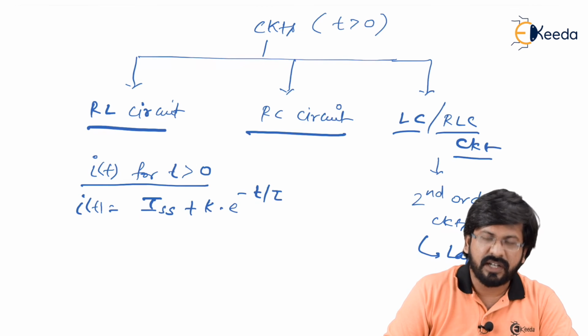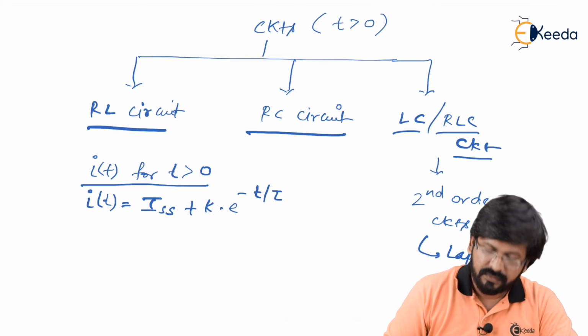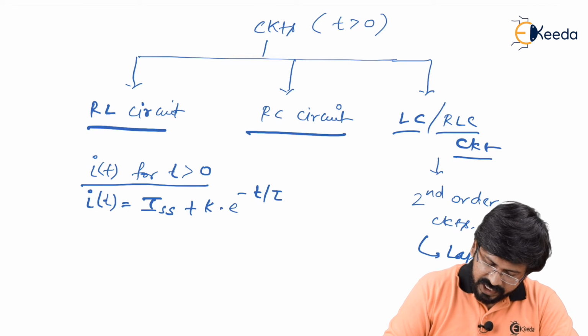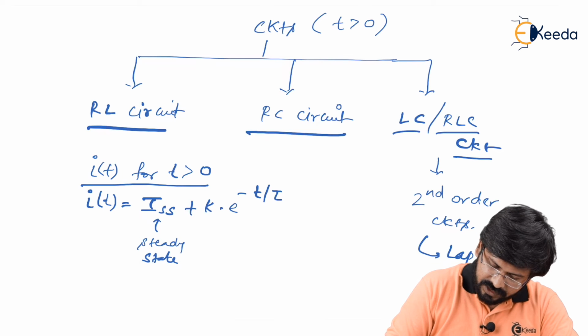I of t is nothing but current. Next, ISS stands for steady state, this is your steady state current. This k is nothing but a constant, and tau is what we call the time constant.